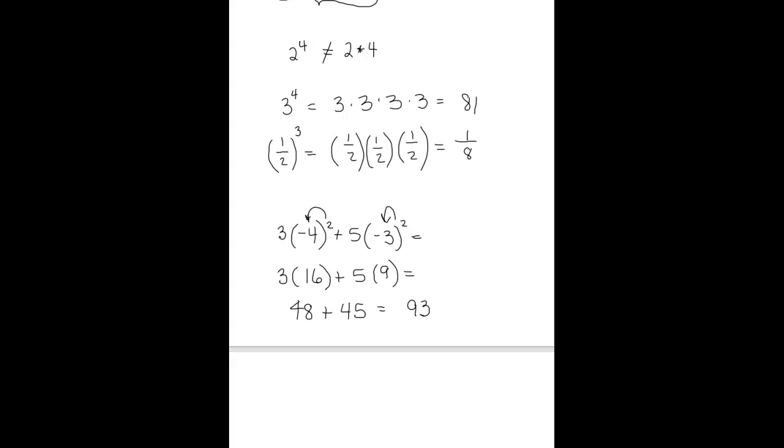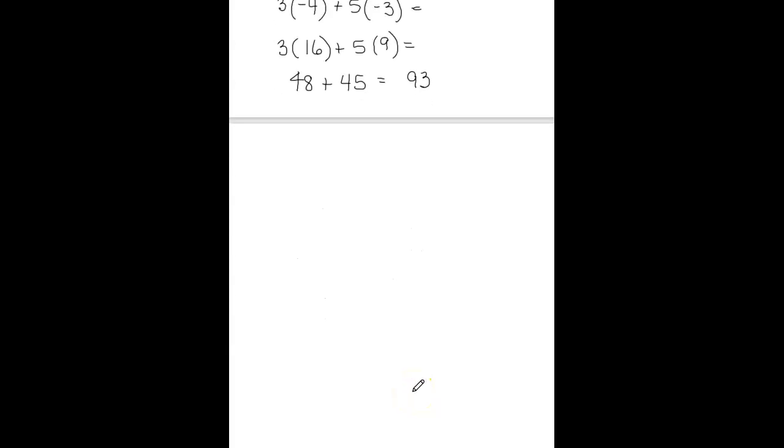All right. Now, what happens if I actually have something where the whole thing is being squared or cubed or whatever? In that case, again, our order of operations is going to dictate what happens, and you need to keep that in mind.